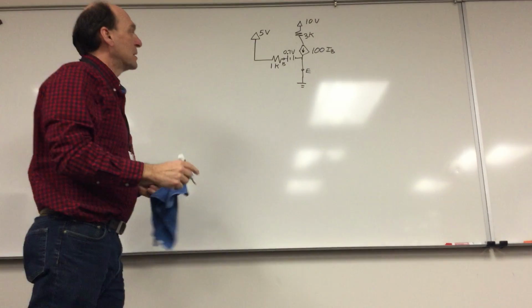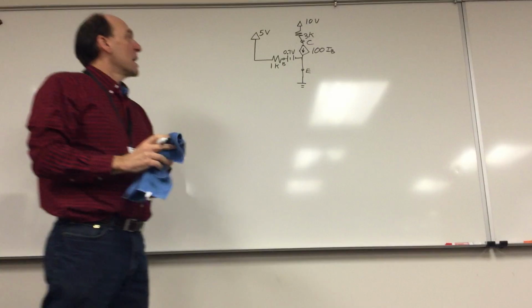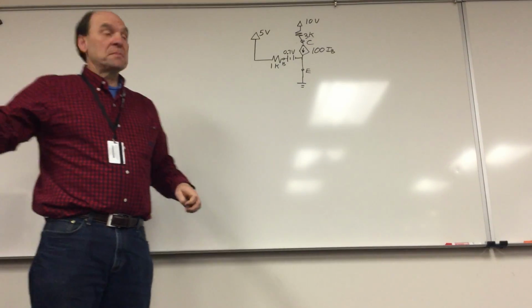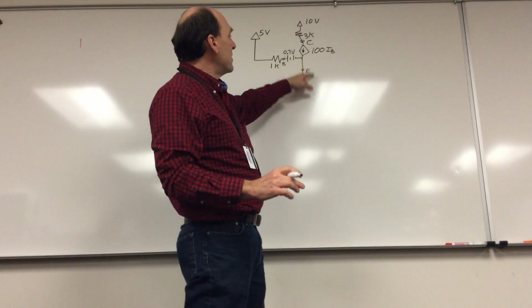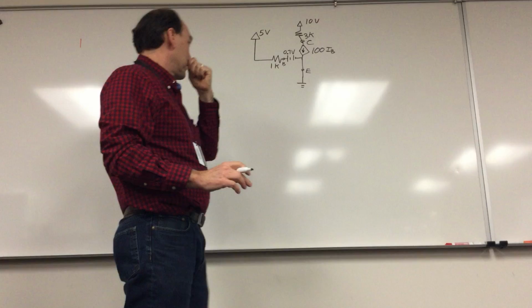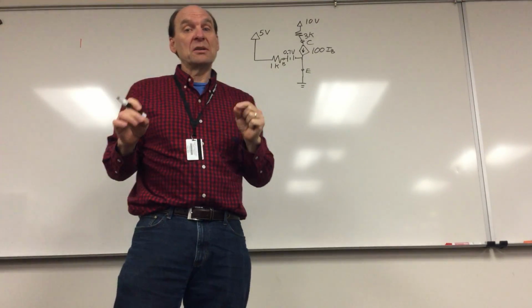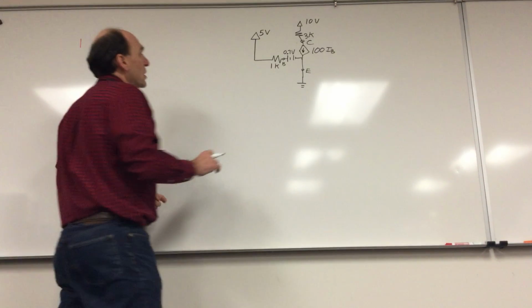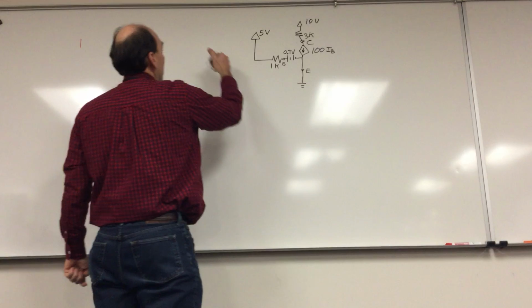Now what we're going to do is solve for the circuit variables: VB, VC, VE, IB, IC, IE. Then we're going to check to make sure that our assumption is correct. So let's start with finding VE.